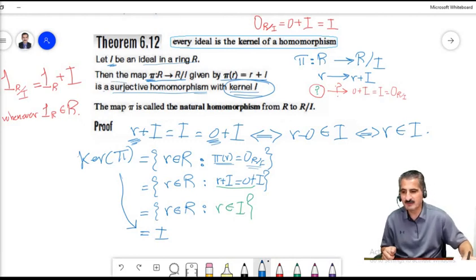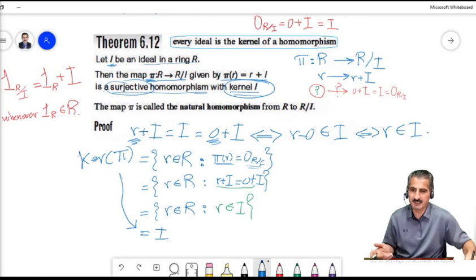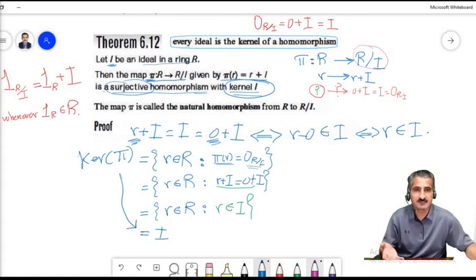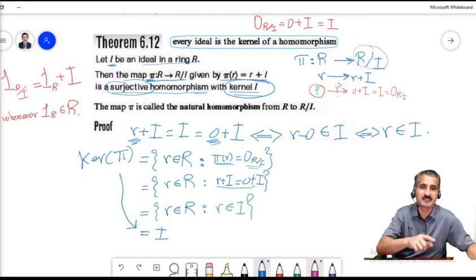Now, what about surjective? Here we go. Let's use this color. So this is the range of pi, the set of cosets. So, given a coset in R over I, does it have a pre-image? Oh yes, a coset is represented by some element.